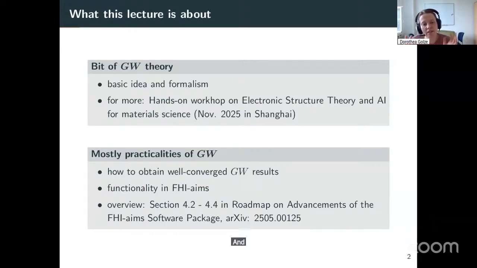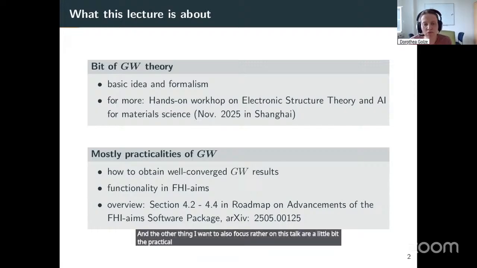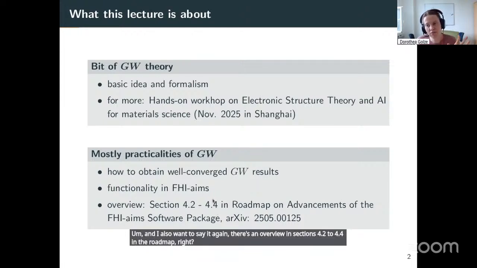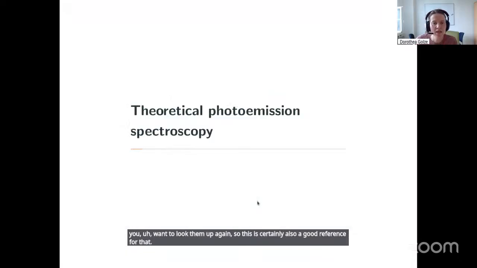The other thing I want to focus on in this talk is the practicalities of GW, so how to obtain well-converged GW results. And I want to say it again, there's an overview in sections 4.2 to 4.4 in the roadmap. I have a lot of references in this talk, but if you want to look them up again, this is certainly also a good reference for that.